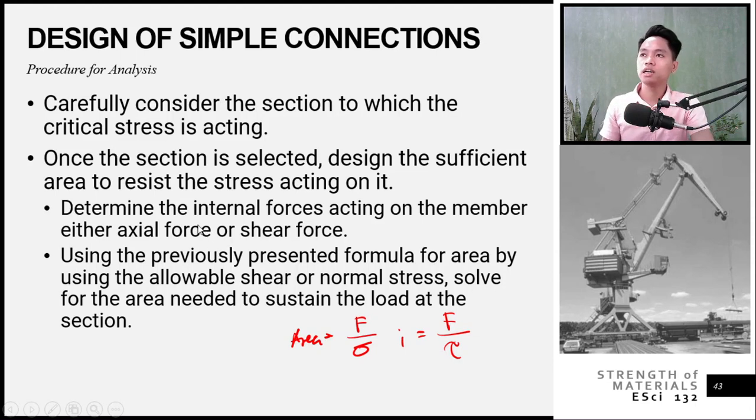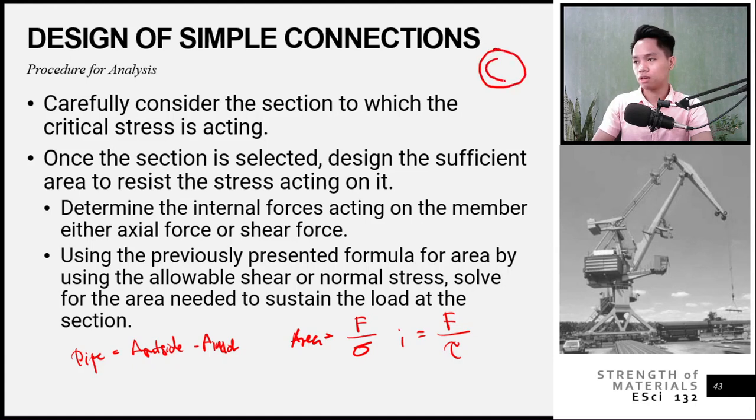For area, usually atong gamiton dire is the area of a rectangle, which is the basic area. For the pipe, usually listed dire is the pipe. Your pipe is just simply your area outside minus area inside.